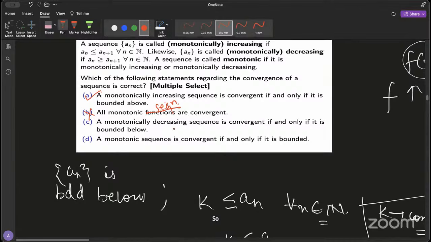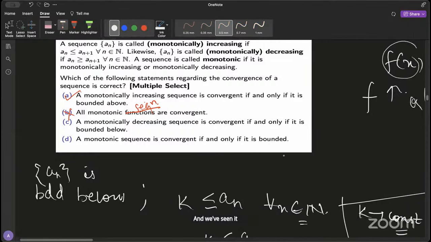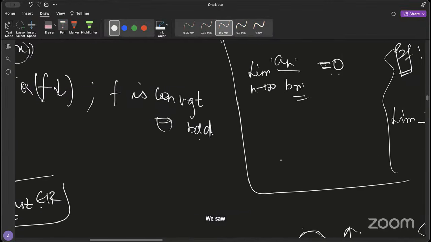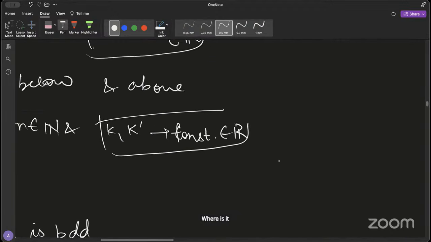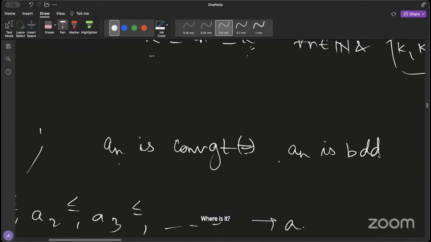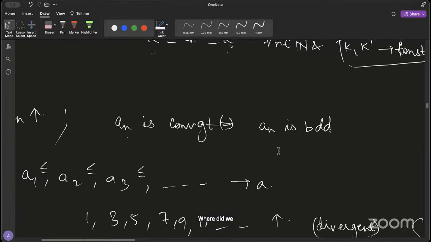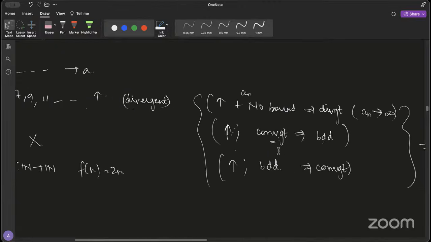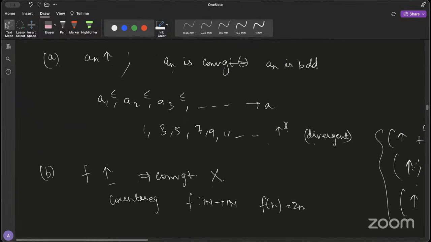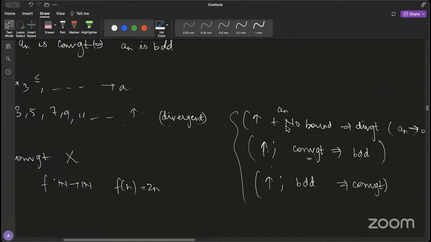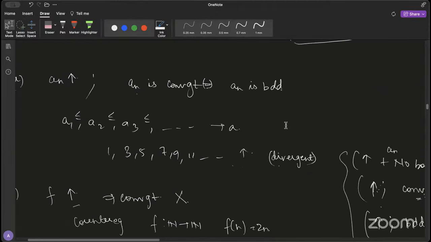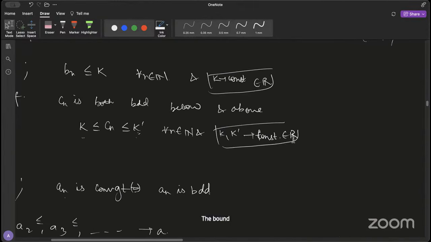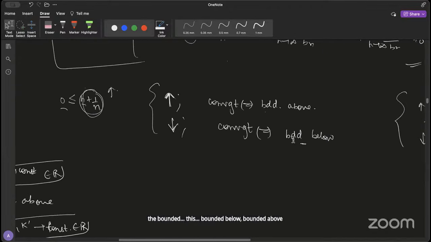So the C part is: a monotonically decreasing sequence is convergent if and only if it is bounded below. And we've seen it here, right? We wrote the bounded below, bounded above stuff here.